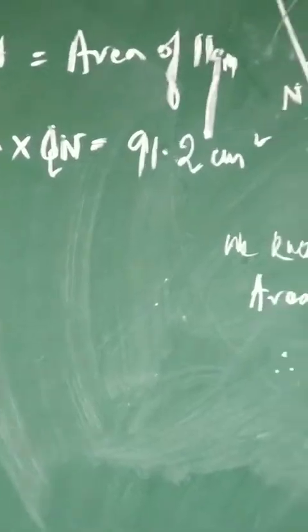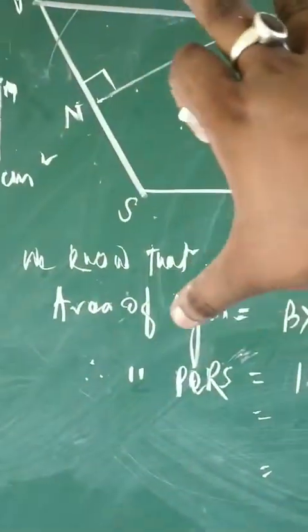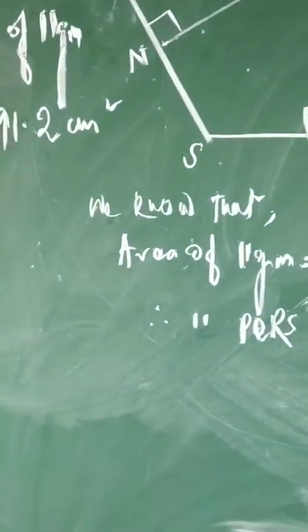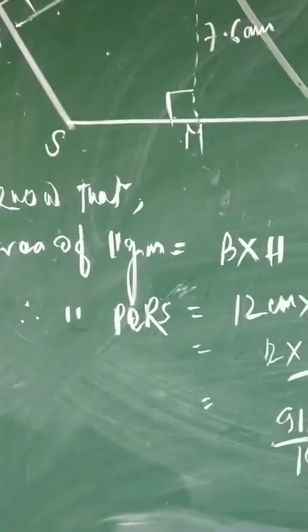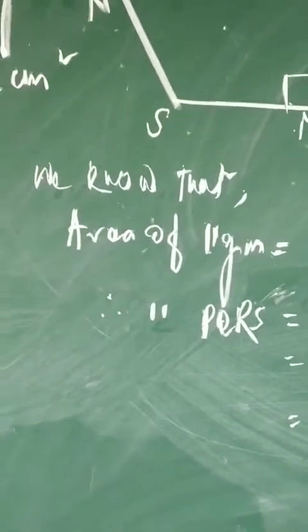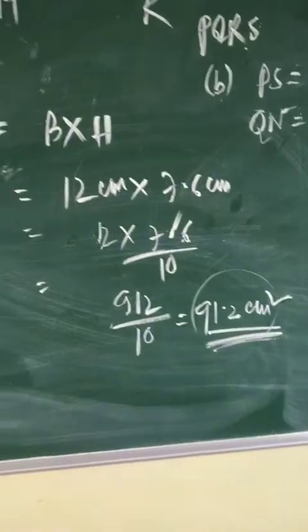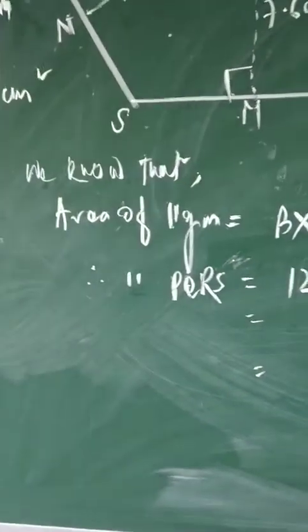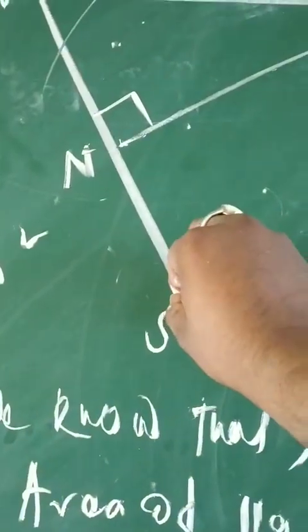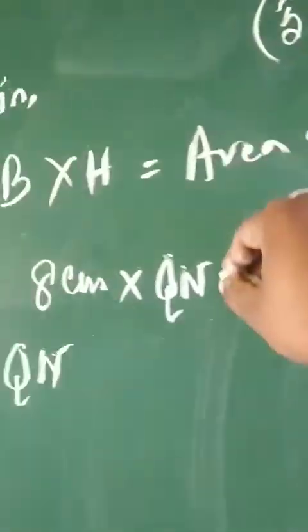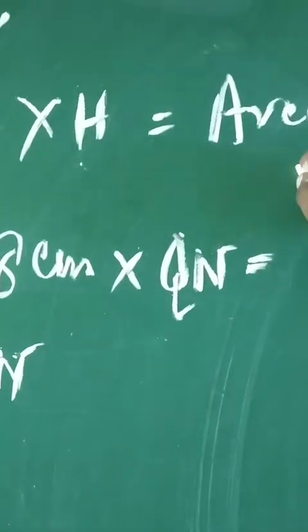Children, I'm repeating my word once again. No matter whether the figure is in this position or in that position, if we flip the figure, it doesn't matter at all. The area would remain the same. So the area of PQRS has already been found, that was 91.2 centimeters square. And they're asking for one more height, from the vertex Q on PS. This is what we are going to find using the formula of a parallelogram, base into height equal to area.